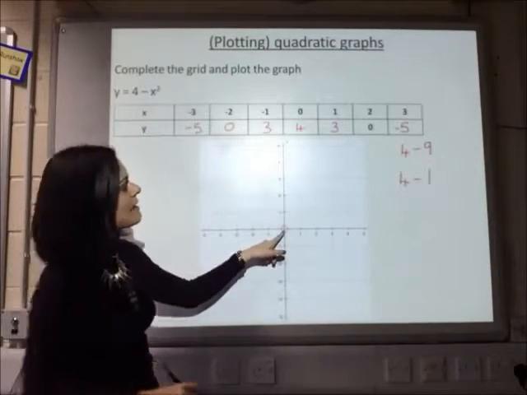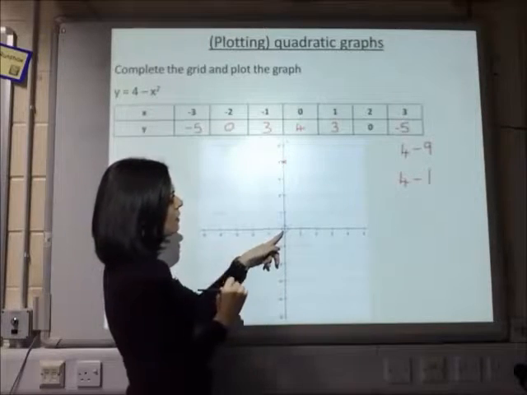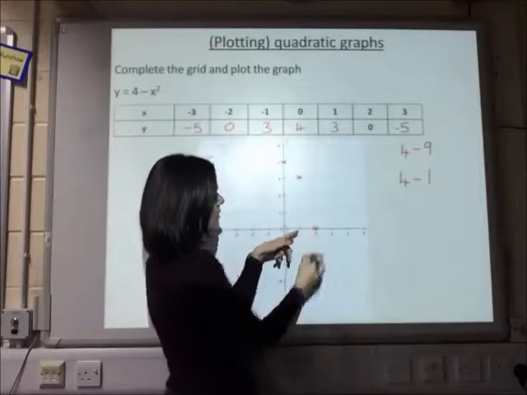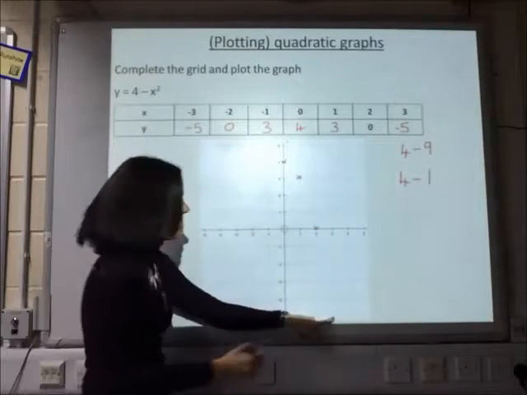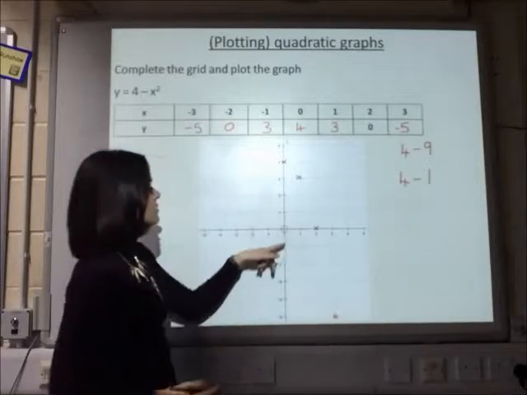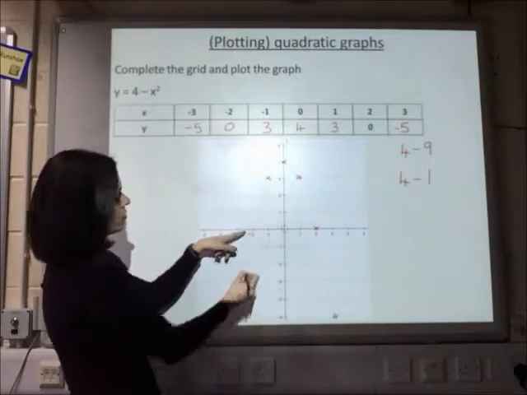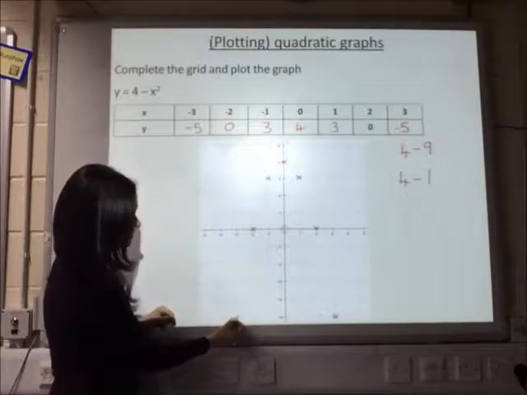I'm going to start in the middle again. So 0, 4 is there. 1, 3, 2, 0, 3, minus 5, all the way down there. And we've got minus 1, 3, minus 2, 0, minus 3, minus 5, down there.